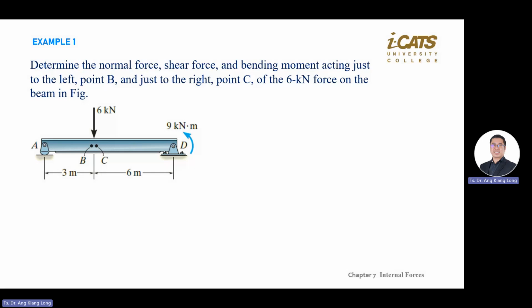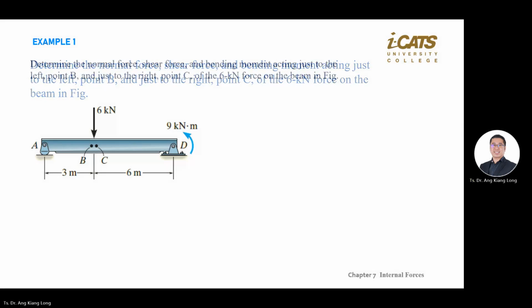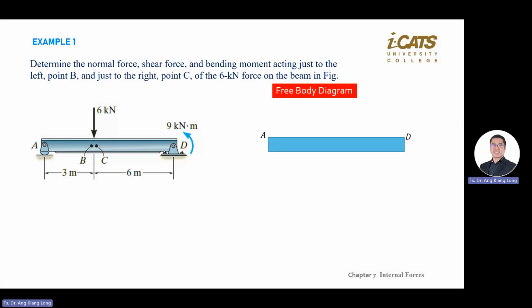The pin means there's no moment there, but it is unable to move up and down, left and right. So there is a Dx and a Dy. Okay, so solve that one. I'll show you the next step. For the free body diagram, you draw all the dimensions, put in external forces, and copy all the forces there.